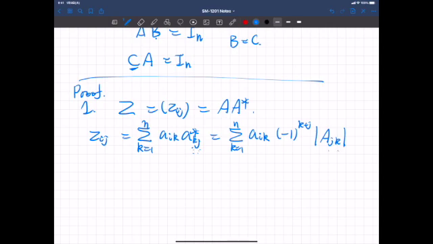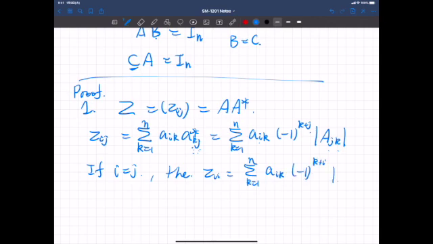Now if i is equal to j, then this summation is this. Z_ii is equal to, so i is equal to j, just replace j with i, the sum of a_ik times negative 1 to the power of k plus i and the matrix A_ik.